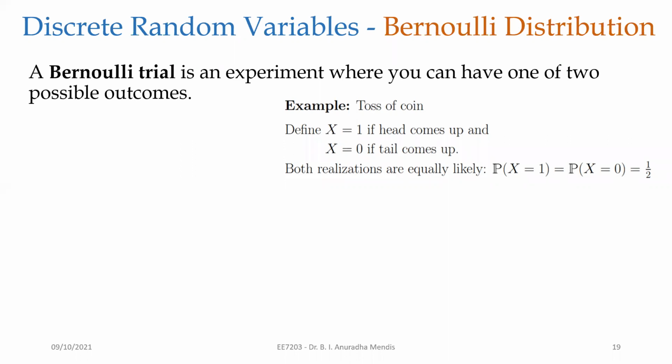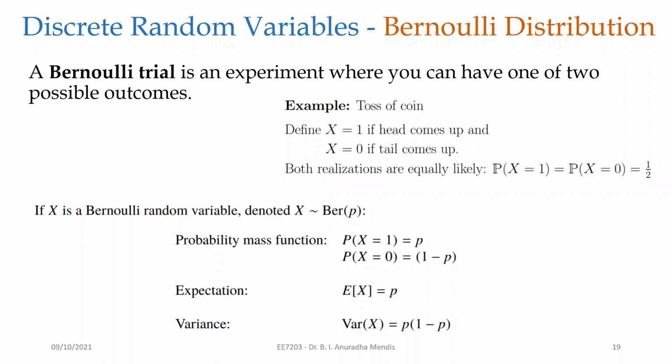So if the coin is a fair coin, then x equal 1, that means the head comes up, has 0.5 probability. The probability of having tail, that means x equal to 0, is 0.5. These things you already know. Then how are you going to define the probability density function?